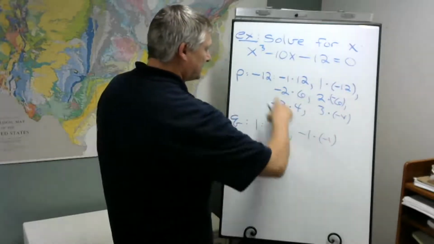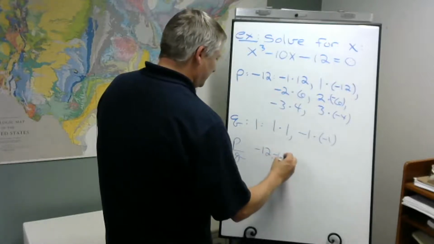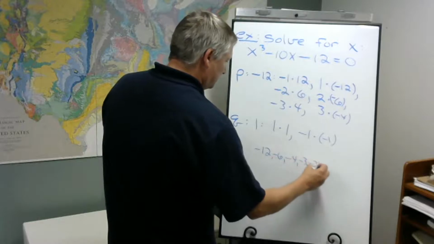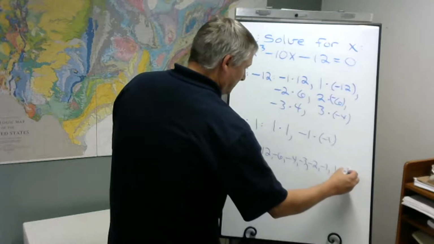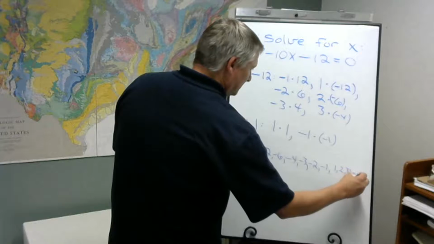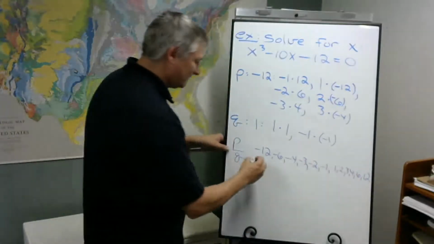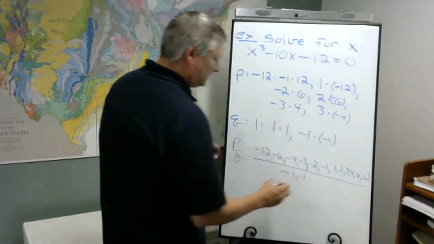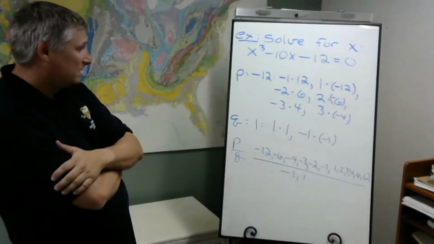The different numbers that we have here are negative 12, negative 6, negative 4, negative 3, negative 2, negative 1, 1, 2, 3, 4, 6, and 12. And then we have negative 1 and positive 1 as possibilities for Q.